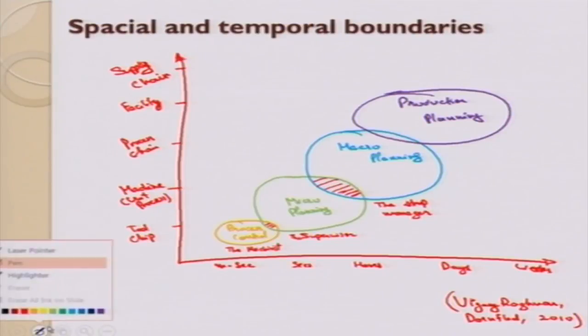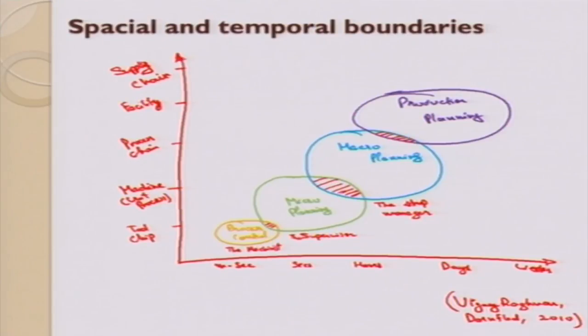Also we can see we have some overlap here. And who takes this decision? The production planning for a facility is decided by the person in charge of that facility. I can put the production manager. He takes this decision.